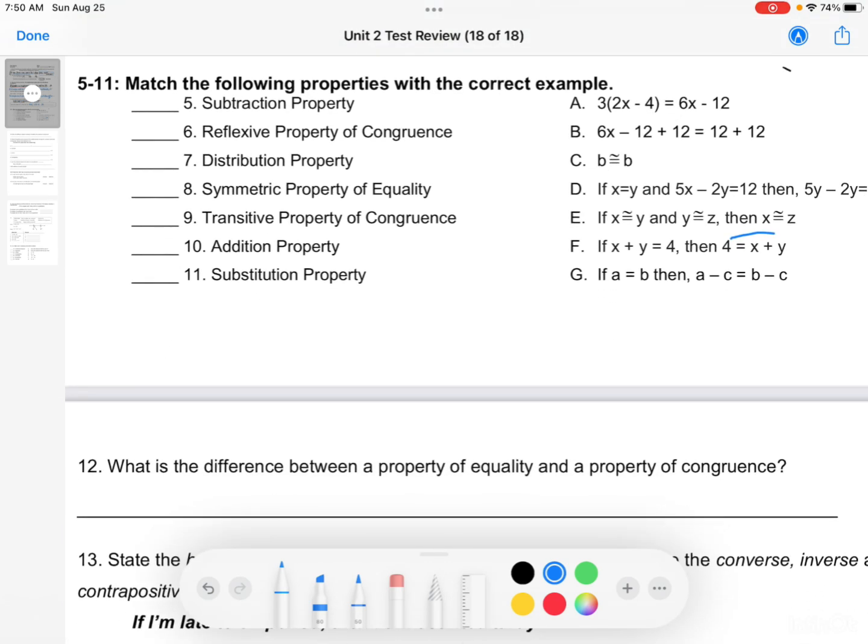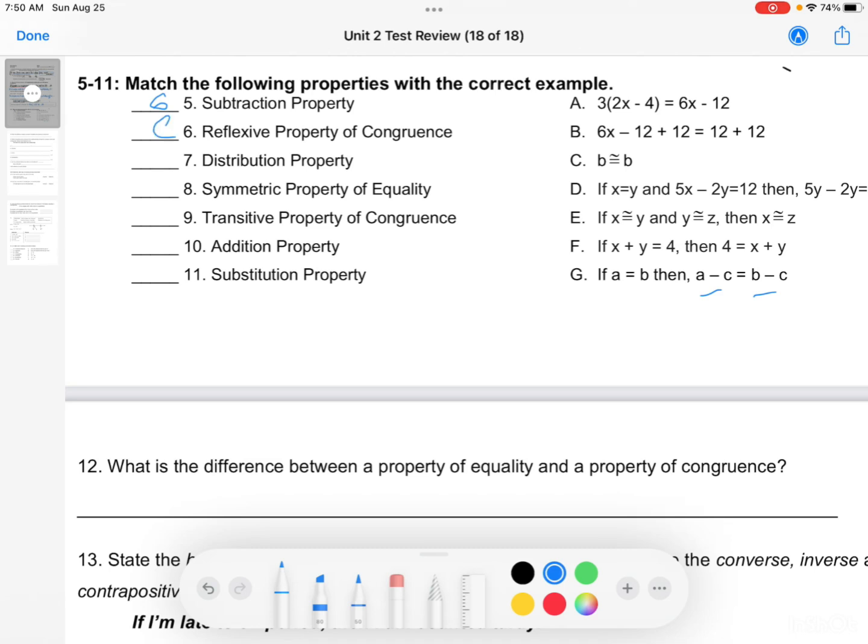And then for the following, we're going to match each one of these with the other on the other side. Subtraction property is basically you're subtracting something from both sides. So of course, subtraction property is G. Reflexive property is something that is equal to itself.